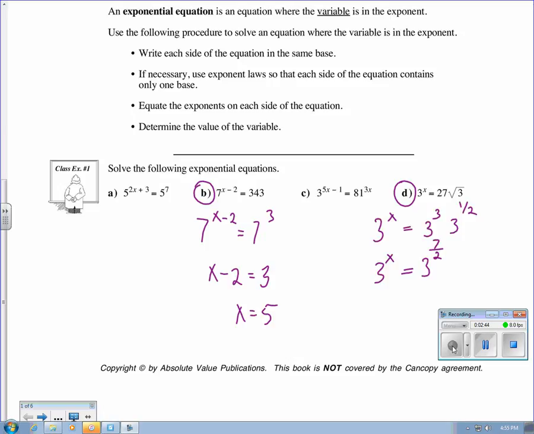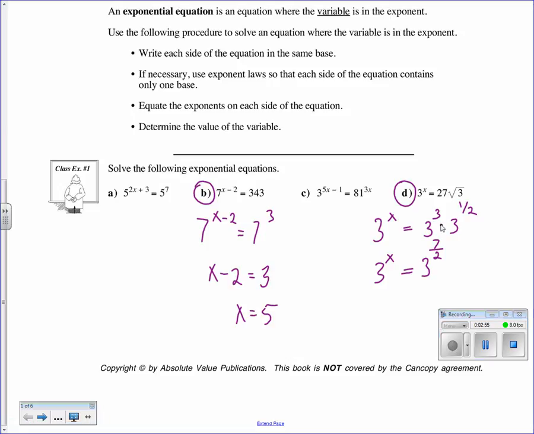All right, on the left-hand side, I didn't have anything to do, but on the right-hand side, 27 is 3 cubed, and 3 cubed has to be multiplied by the square root of 3, which can be written as 3 to the exponent a half. My rule is add the exponents. 3 plus a half is 3.5 or 7 over 2. Either form is fine. Again, because the bases are the same, it must be true that x is 7 over 2.